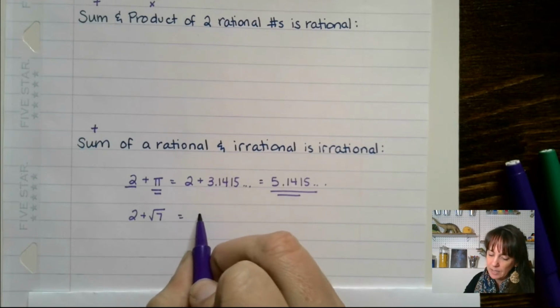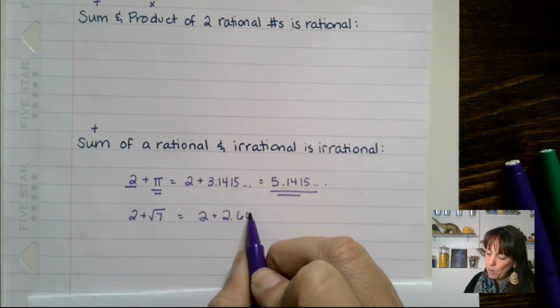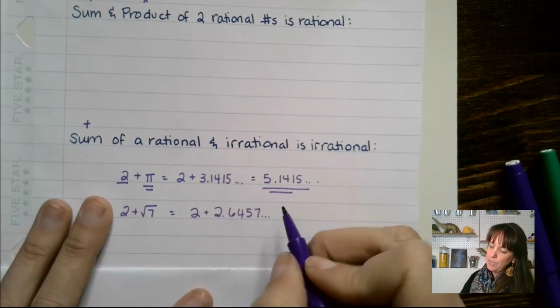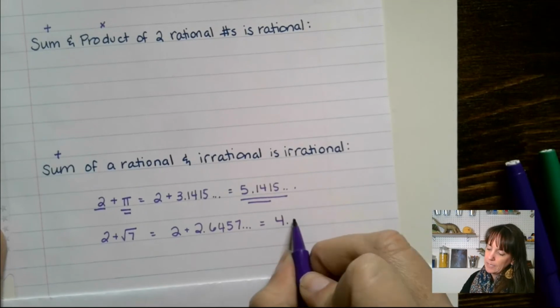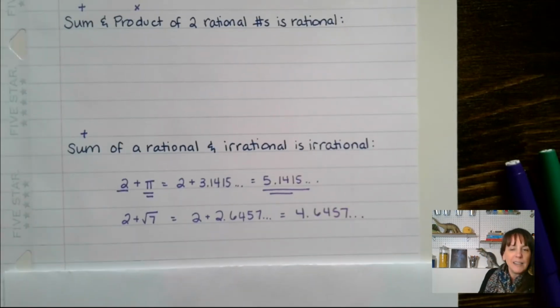So this would be something like 2 plus 2.6457... It goes on forever and repeats. So then I have 4.6457... So if you're adding a rational and an irrational number together, you're going to get an irrational. There's just no way to add a rational and an irrational to get a rational number.